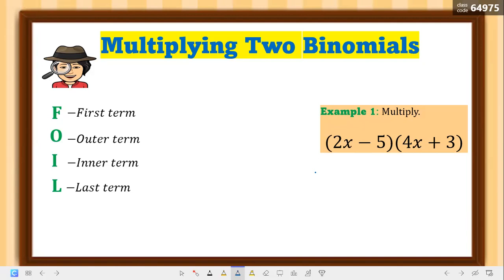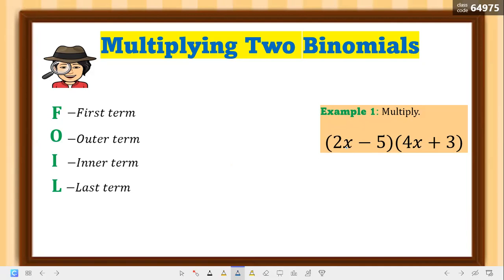Magkapareho yung variable. Magkaparehas ang variable. Pwede. What else? Saan lang ba applicable yung FOIL method? Okay, sige. Hang muna natin. Babalikan ko mamaya yung tanong, no? After we discuss the example.